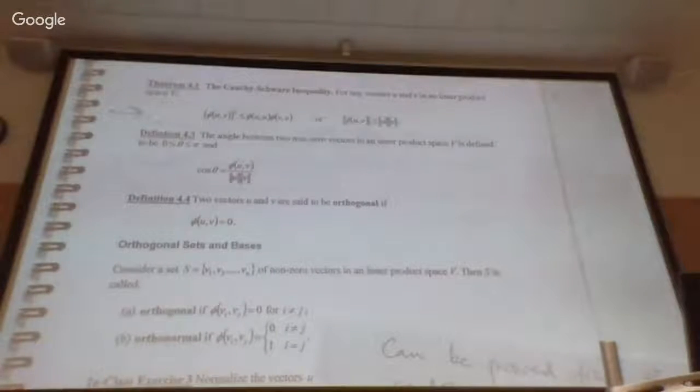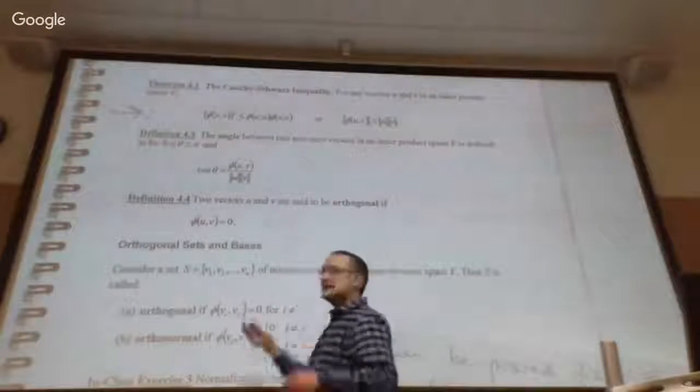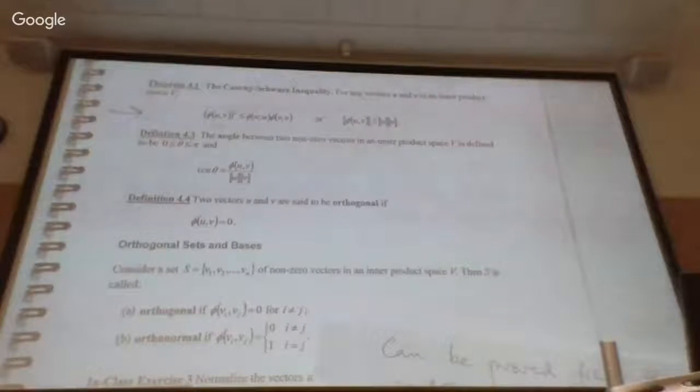Okay? So just as we had the definition of angle, what we understand is the regular angle between two vectors using the dot product, so we can mimic that definition to talk about the angle between vectors with respect to a general inner product.